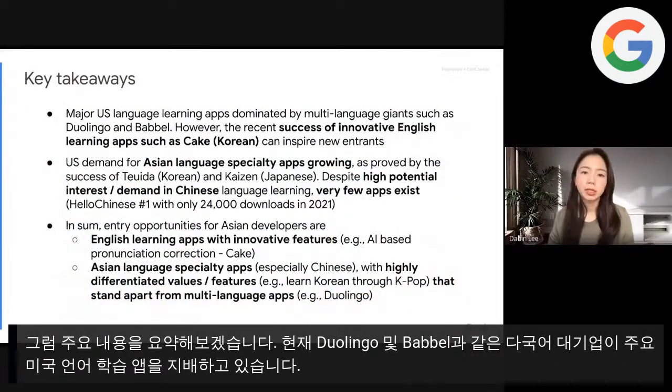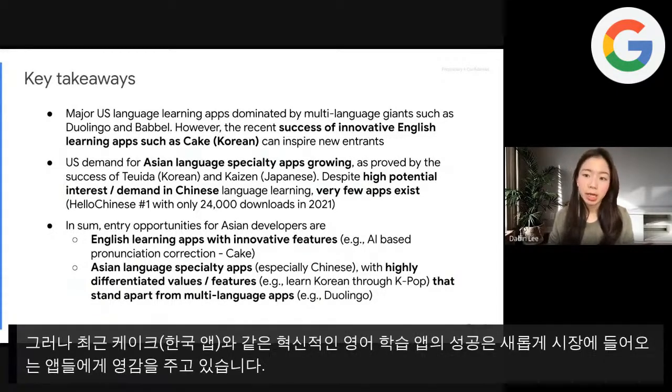So let me summarize the key takeaways. First, the major US language learning apps are dominated by multi-language giants such as Duolingo and Babbel. However, the recent success of innovative English learning apps such as Cake can inspire new entrants.